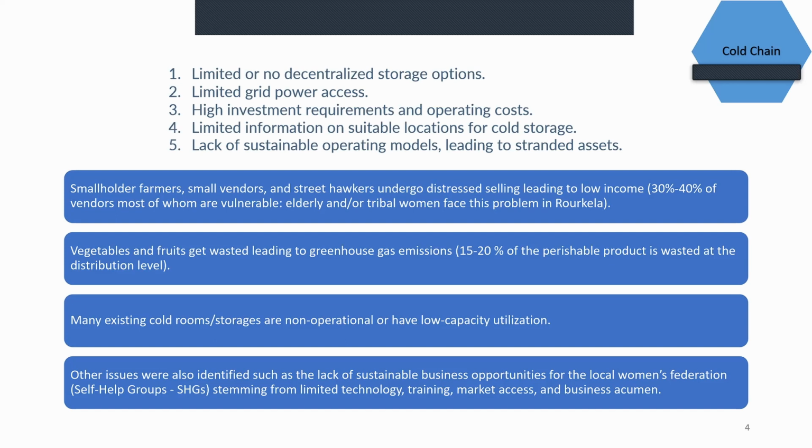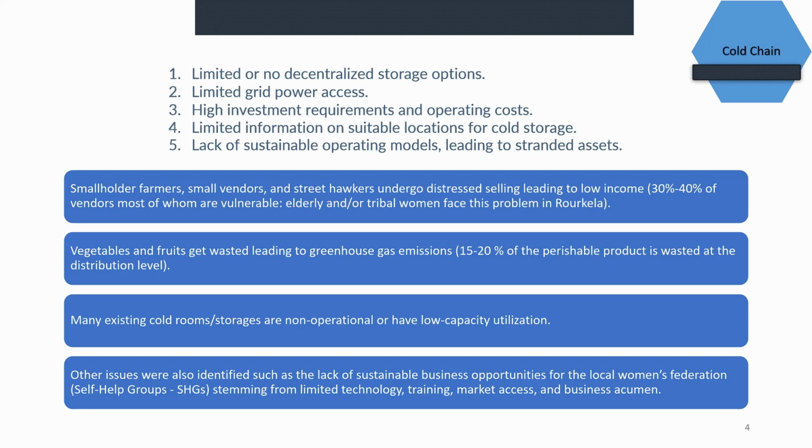These SHGs are micro entrepreneurs who work on small things such as candles, phenyls, agarbatti, the incense sticks, and some food items such as cakes and biscuits. They make all these items at a very local level, and they don't know how to market them. They make and sell at a very small region, but marketing is the main problem for them.